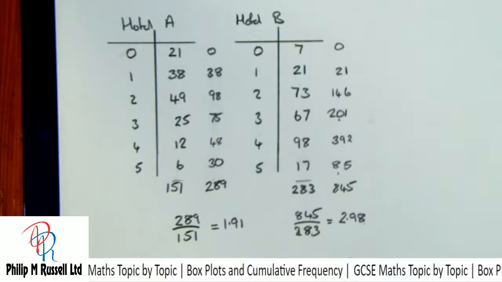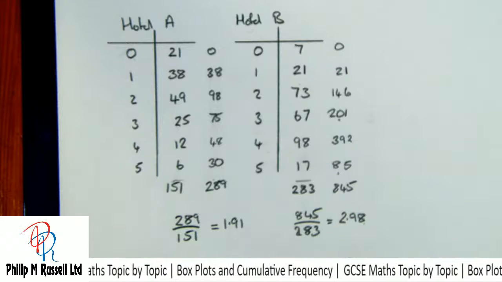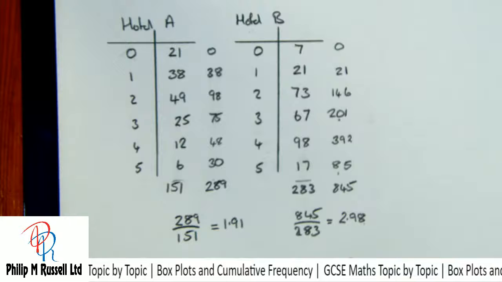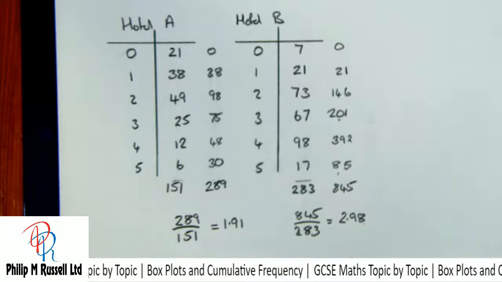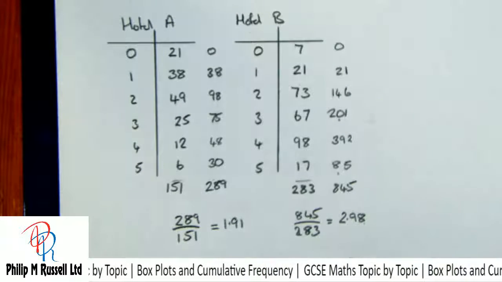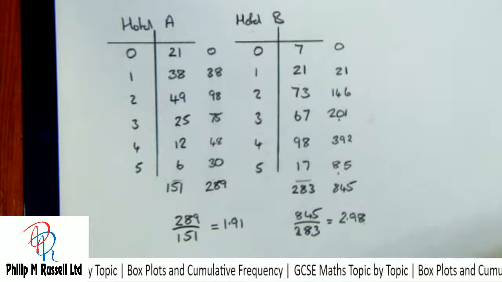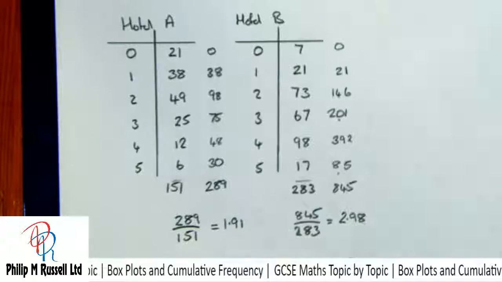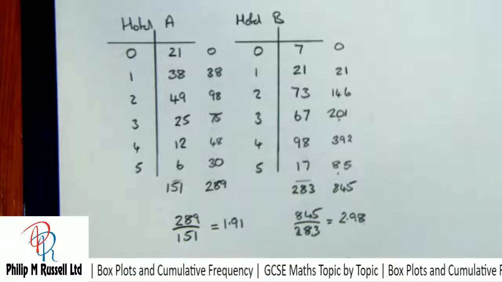But we're not going to try that. What we're going to try instead is we're going to go on and have a look at cumulative frequency. Now, how is cumulative frequency different?